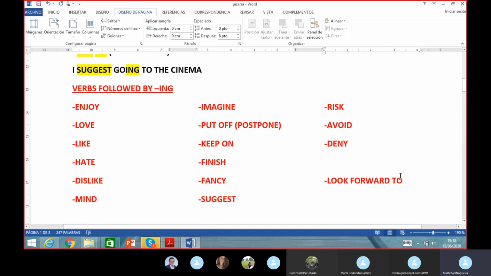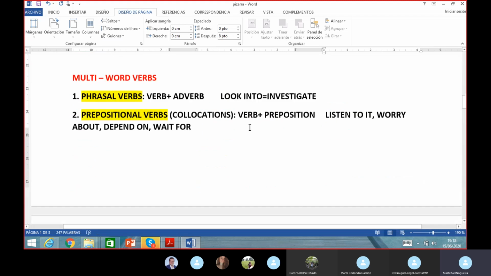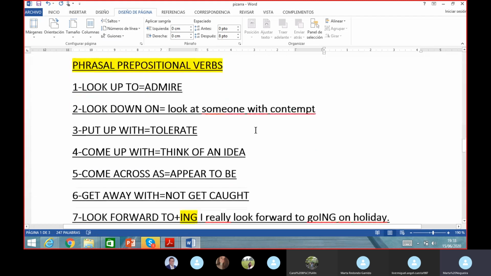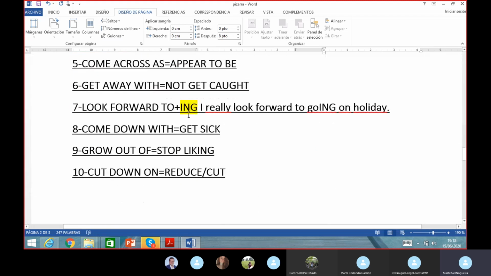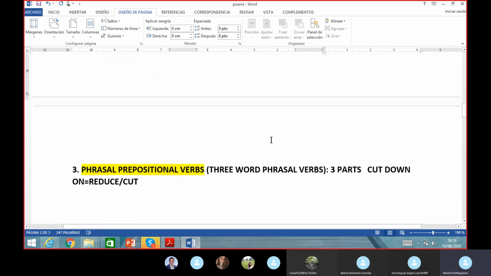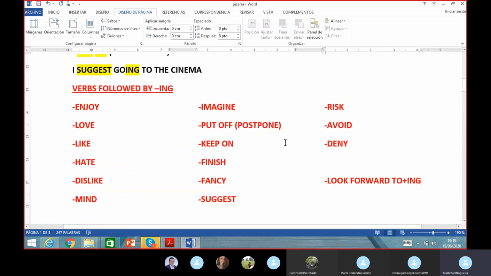Pero hay excepciones y look forward to os lo dije, ¿veis? Look forward to plus ing. I really look forward to going on holiday. Entonces, voy a tener expresiones o phrasal verbs tras los cuales voy a tener que poner un ing. Me da igual que vaya con un to aquí, ¿vale?